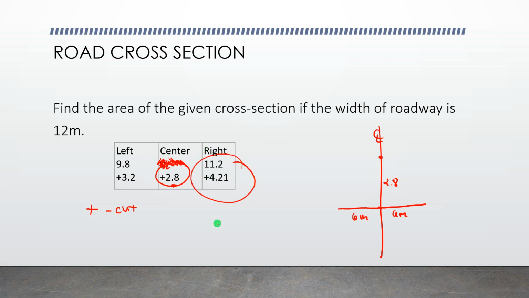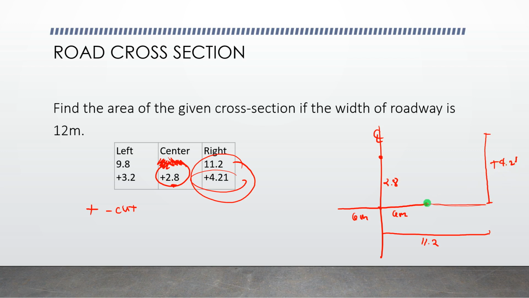Here on the right, we have an 11.2 offset. So from the center line, we measure 11.2. Then from the road elevation, we measure the difference in elevation of positive 4.21. So we measure vertical plus 4.21.